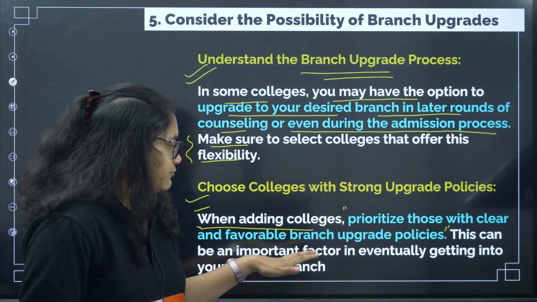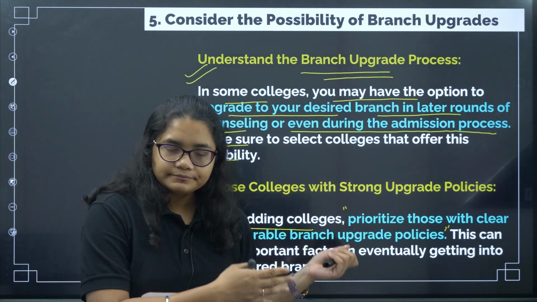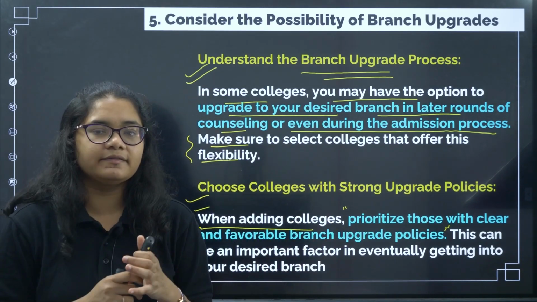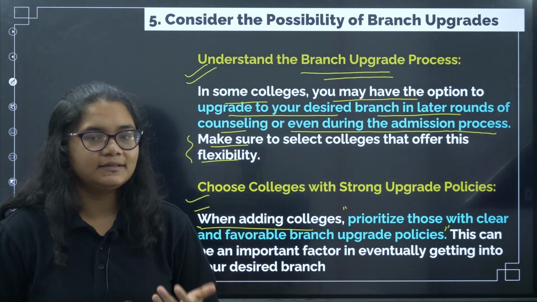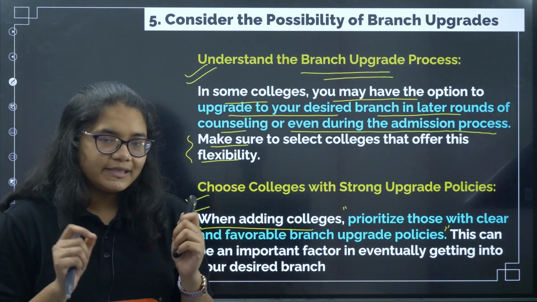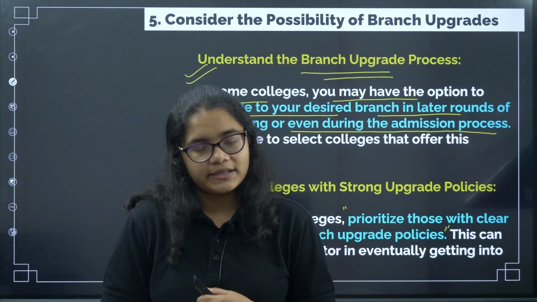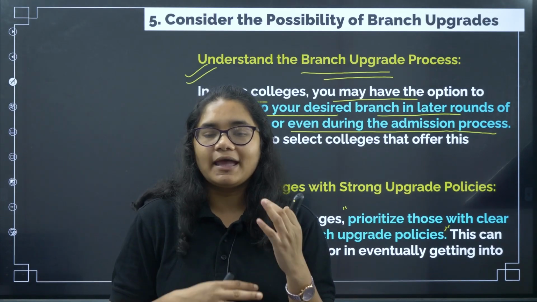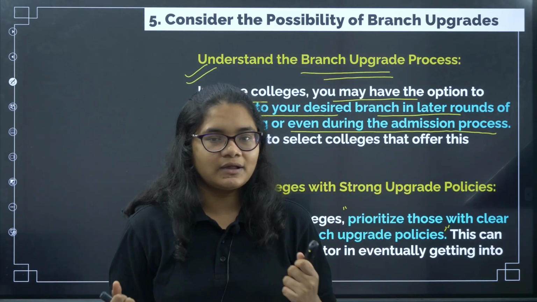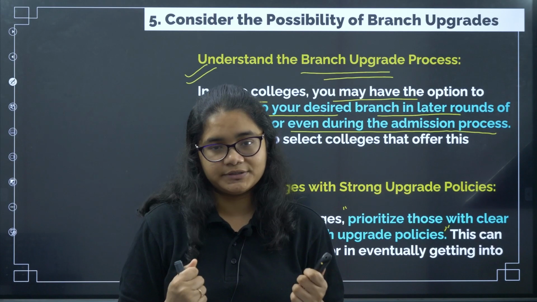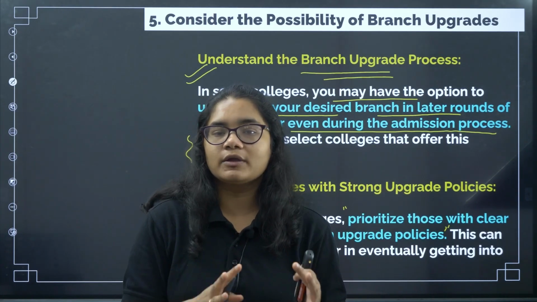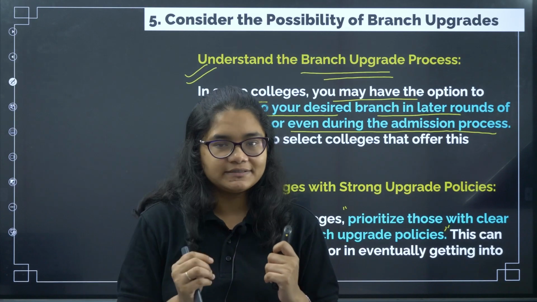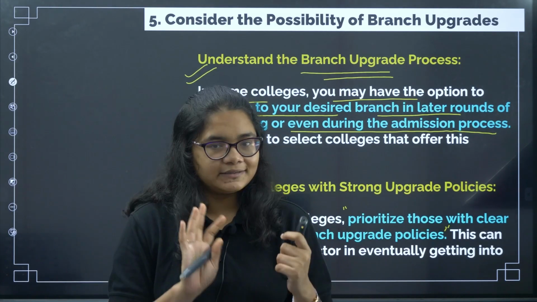If you find that they have this policy of upgrading the branch, then definitely you can consider these colleges. And yes, if you haven't got your desired college, need not worry. By analyzing what mistakes you have made, by adding more options, by prioritizing them in the correct order, you will be able to make your best preference entry and you can also get your desired college.